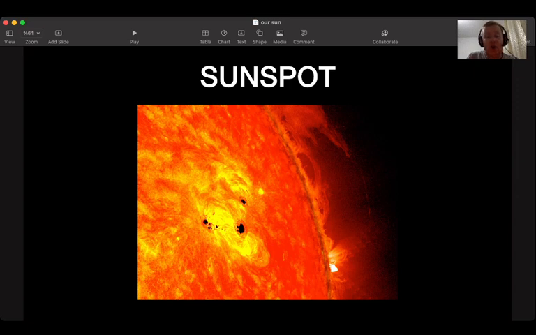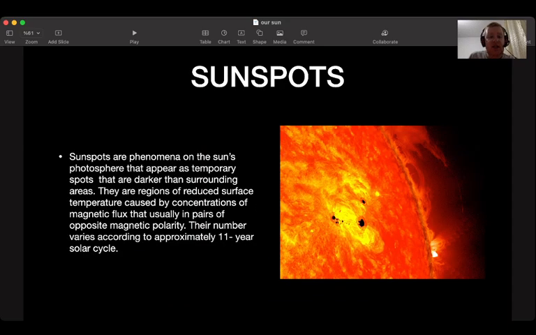So now we're going to talk about sunspots, the spots that sometimes appear on the sun. Sunspots are phenomena on the sun's photosphere that appear as temporary spots that are darker than surrounding areas.